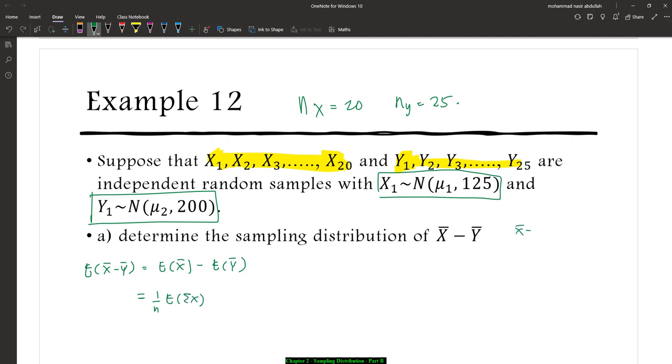Remember x bar equals summation of x over n. Y bar is also the same, summation of y over n. So this is n1, n2, expected of summation of xi and yi.